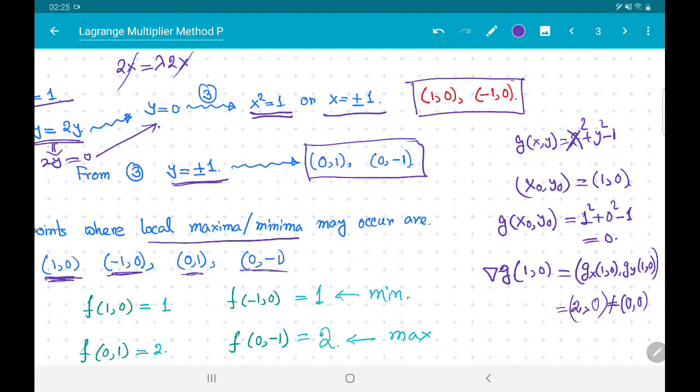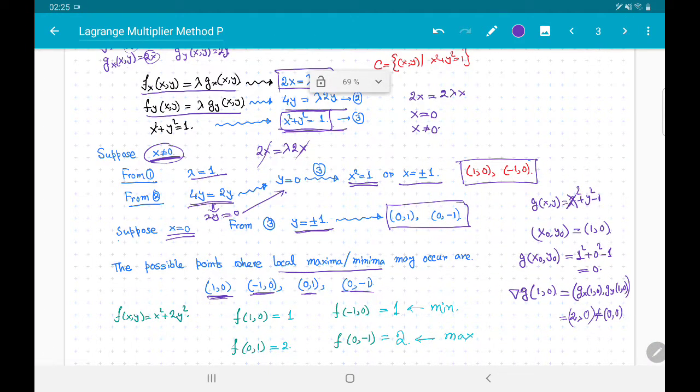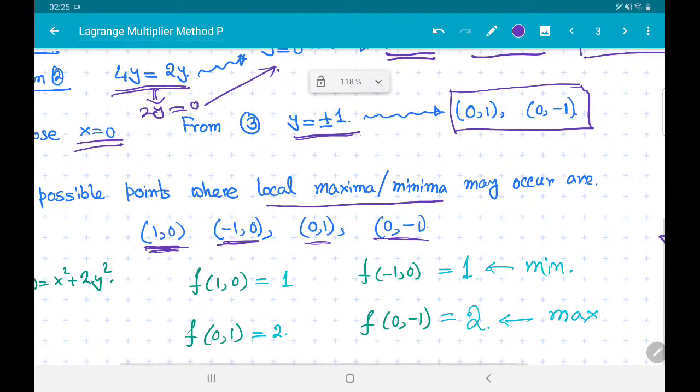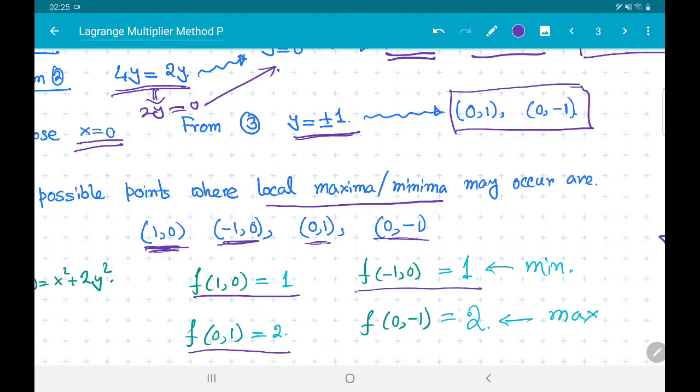So if f has local maxima or minima, we have all these conditions satisfied, and all we have to do is evaluate f at these points. F of 1, 0 is equal to 1, f of 0, 1 is equal to 2, f of minus 1, 0 is equal to 1, and f of 0, minus 1 is equal to 2.